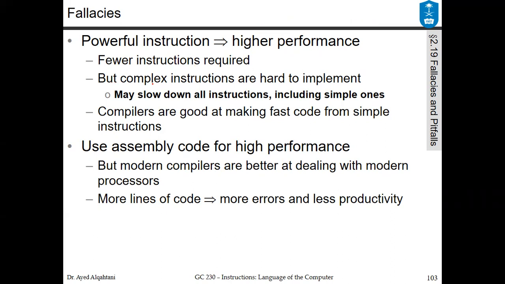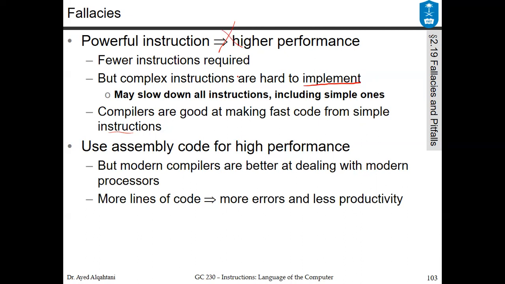But what happens, they become complex instructions and they are hard to implement in hardware. And this in turn may slow down all the other instructions, including the ones that you believed were simple. So the compilers are good at making fast code from simple instructions. You should keep this in your mind. So that is not true.